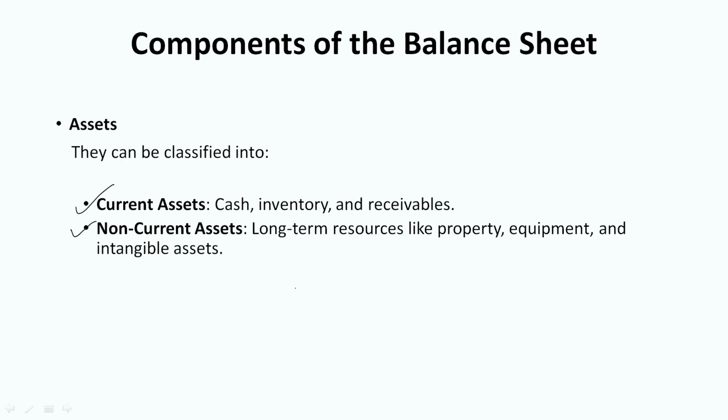Okay. And current assets talks about those assets which have a life of 1 year or one operating cycle, whichever is less. So, it means all the assets which have a life of either 1 year or one operating cycle. What do you mean by one operating cycle?